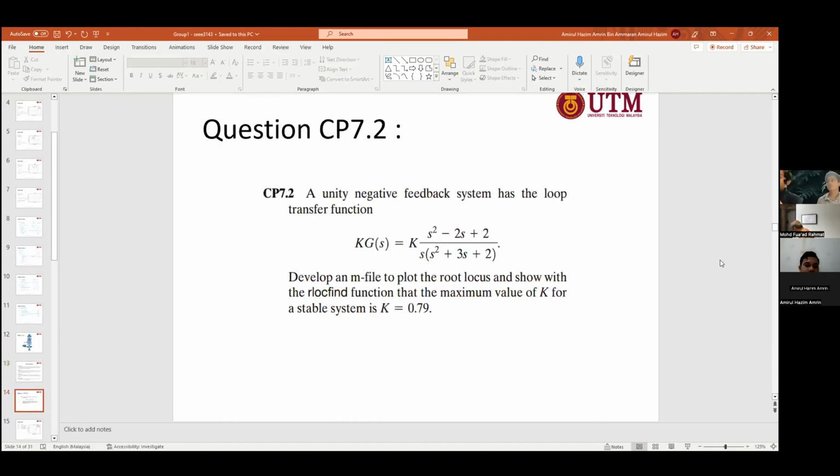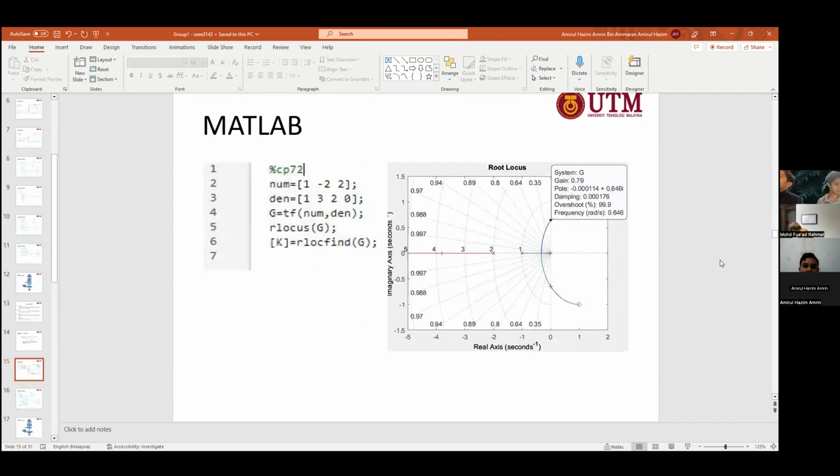Okay, so for my part is question 7.2. First, we obtain the value of K using rlocfind in Matlab. And then we proceed to manual calculation to compare.